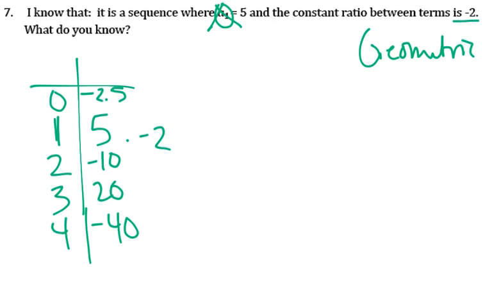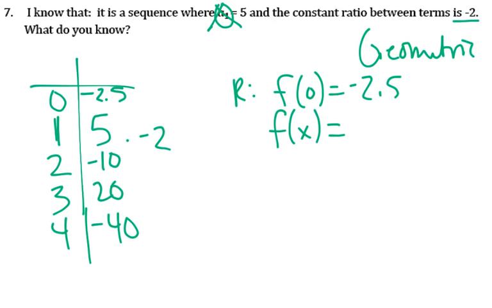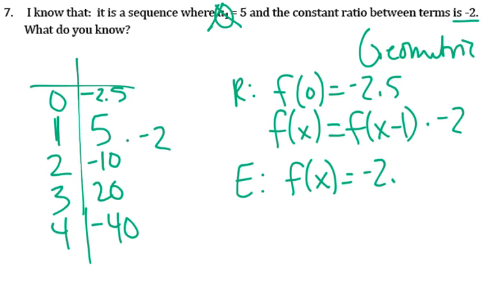Okay, so recursive equation, f of 0 equals -2.5, f of x equals f of x minus 1 times -2. Explicit, f of x equals, we started at -2.5, we multiplied by -2 x amount of times. So it's the exponent this time.